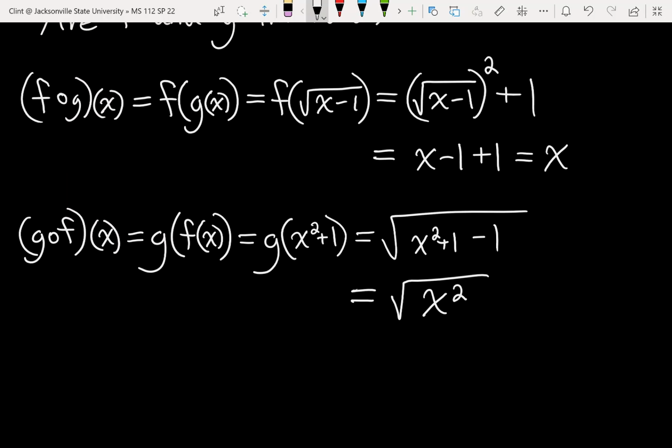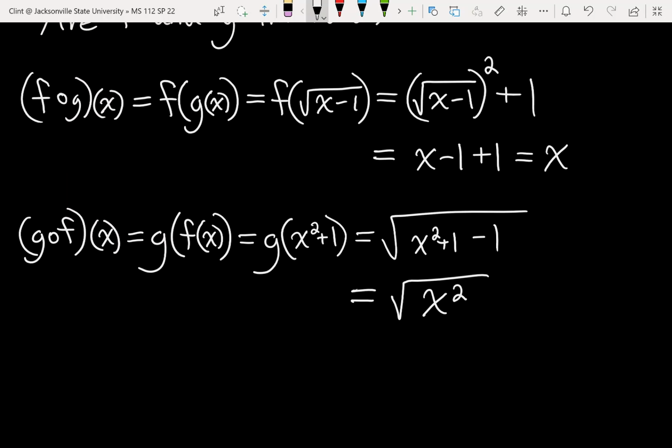Have to be careful here. This one's a little tricky. I don't remember if we've talked about this in this class yet. What's the square root of x squared? Close. It's not just x.